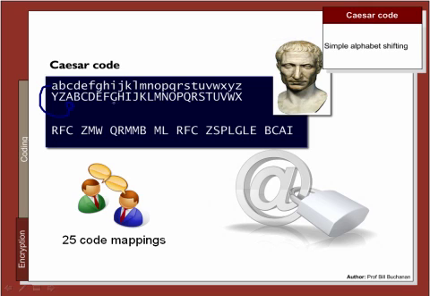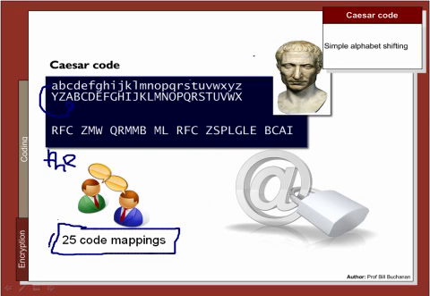So in this case, R, capital R, is a T, and F is an H, C is an E, so we see the first word is the, a Z is a B, so the boy stood on the burning deck should be the message here. To our eyes, this seems a fairly simple code, but at the time it was fairly secure. Overall, as there are 26 letters in the alphabet, there are only 25 code mappings, so it's fairly simple for someone to be able to decode this message.